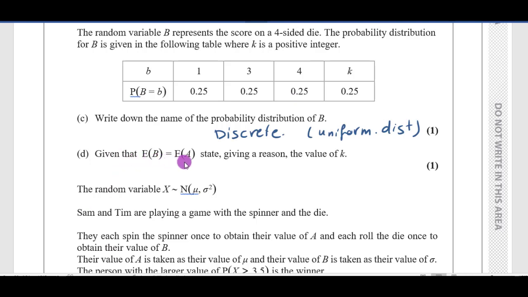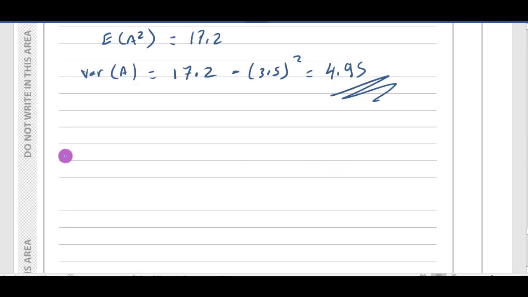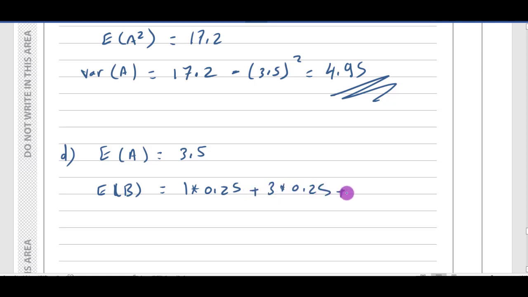Now, given that E of B is equal to E of A, state, giving a reason, the value of K. We know that E of A is equal to 3.5. E of B is 1 multiplied by 0.25 plus 3 multiplied by 0.25 plus 4 multiplied by 0.25 plus K multiplied by 0.25. So this will equal 3.5, which is the value here.